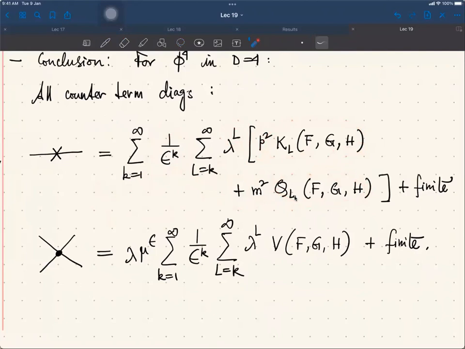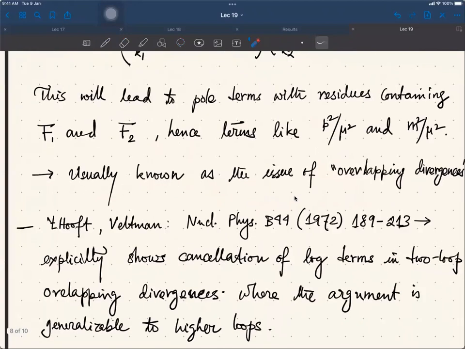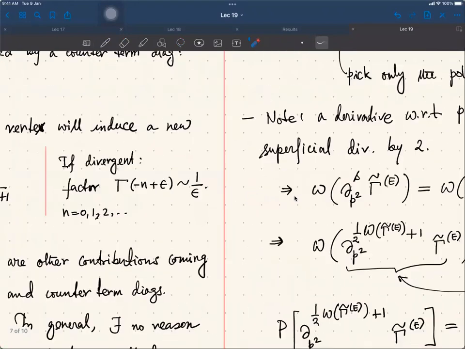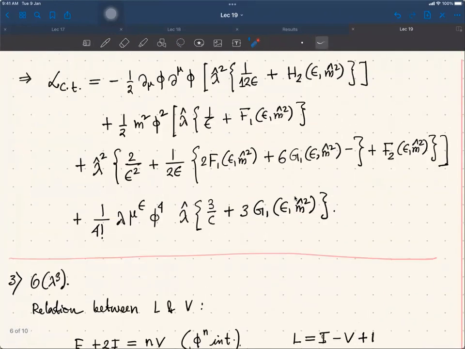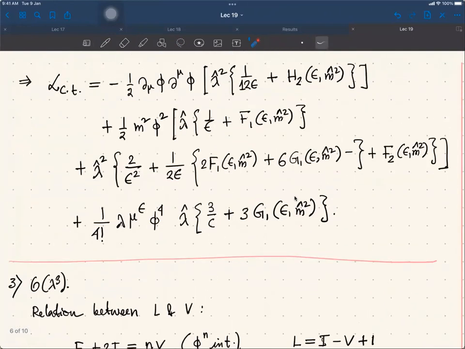I can check explicit examples. You see here the counter term Lagrangian I'm showing. At lambda squared, you have counter terms which depend on f1 and g1, which were the finite pieces in the previous order.